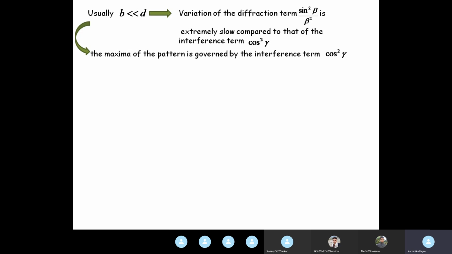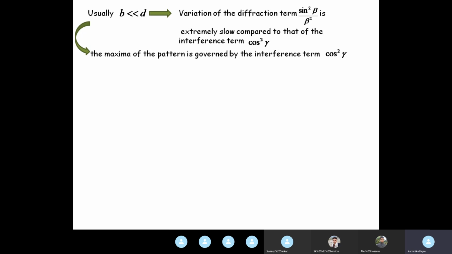However, the change in the position of the maxima is governed by the function sine square beta by beta square and cos square gamma together. Now, if we have one function, cos square gamma, which changes very rapidly, superposed, because it is a product, with another function, sine square beta by beta square, which is changing extremely slowly.